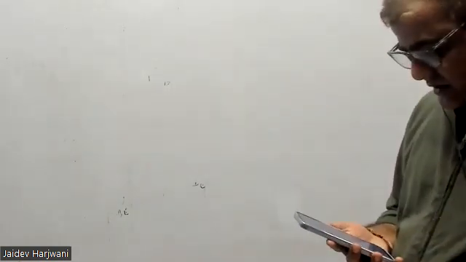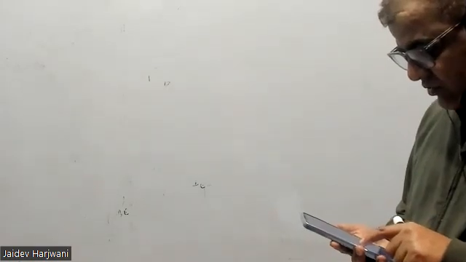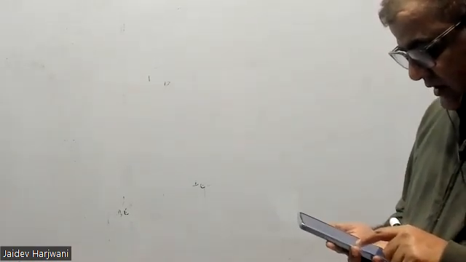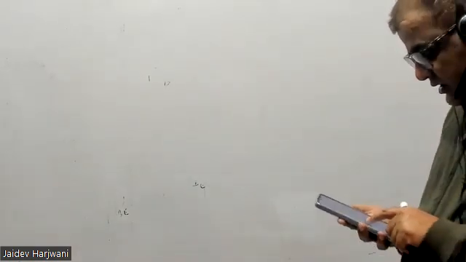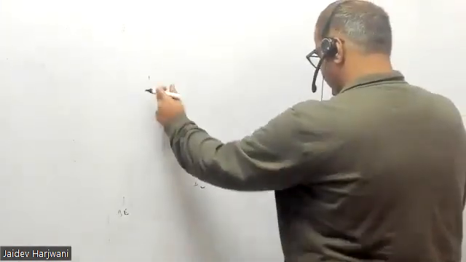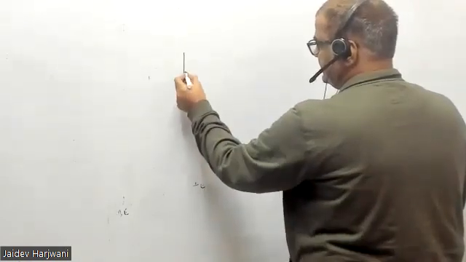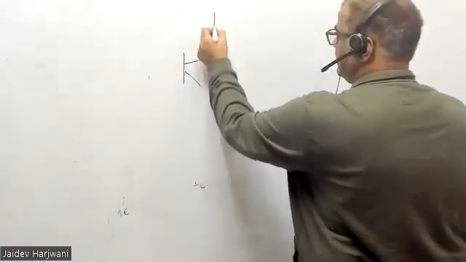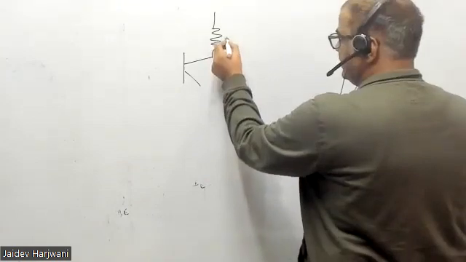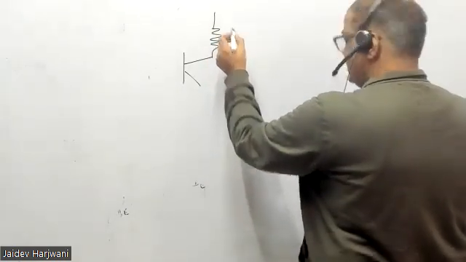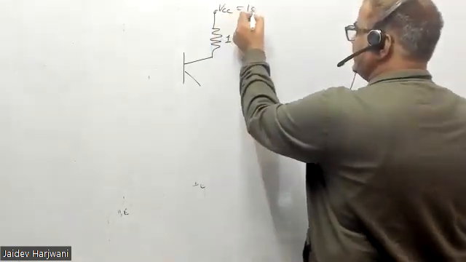So next question is, in the given circuit VCC is 10 volt, beta is 100. Asking collector voltage VC. In common emitter configuration, the transistor is given. This is 1 kilo ohm. This VCC which is 10 volt is given.